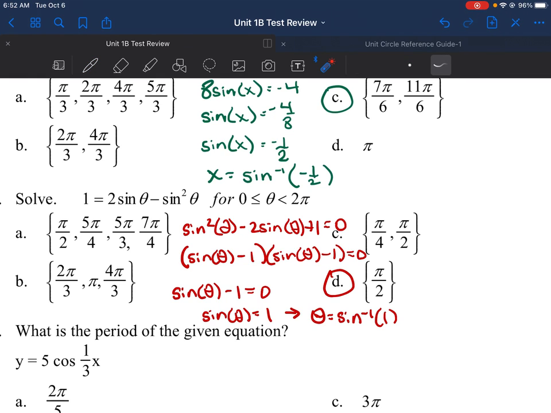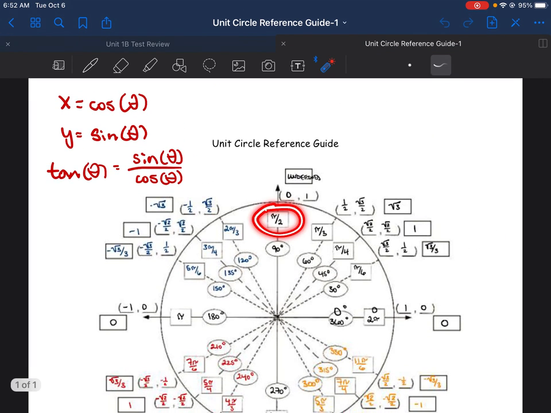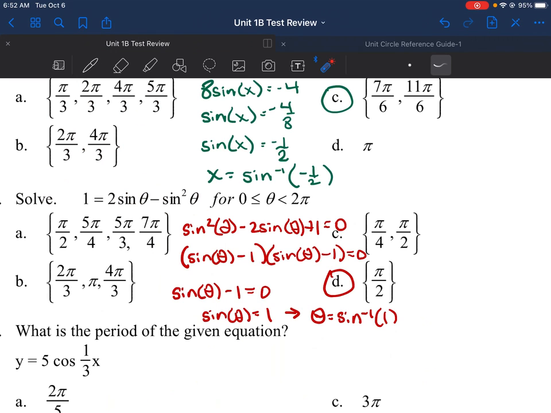And what this means is we are looking for an angle theta where the sine value is a positive 1. Well, if we look on our unit circle at pi over 2, we have a sine value, or a y value, of positive 1. So theta is equal to pi over 2, which just confirms exactly what we saw when we graphed it and found the location where the curve touches the x-axis.